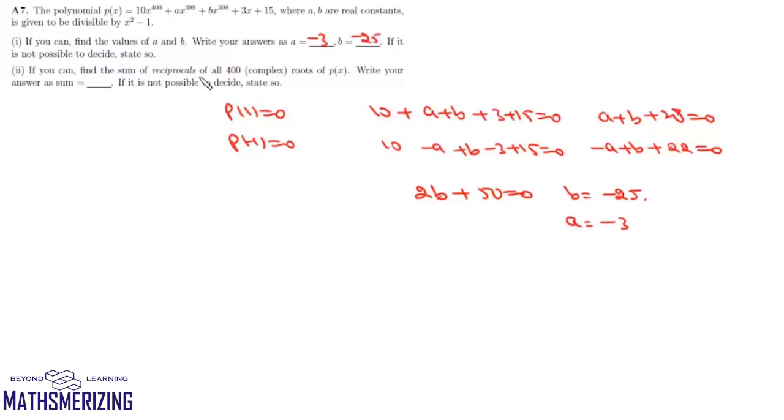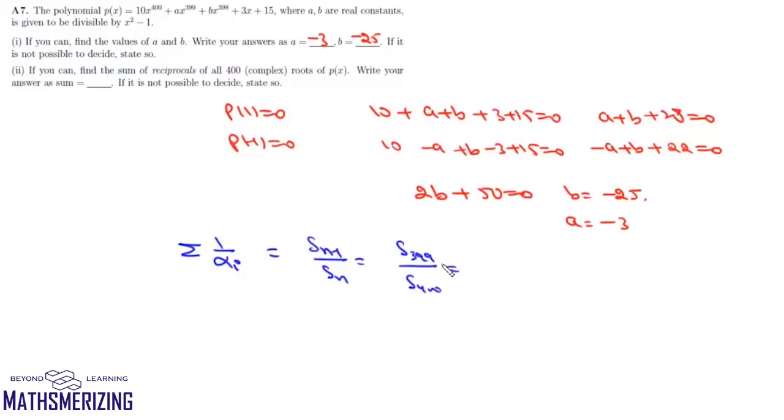Now the second part is to find the sum of reciprocals of all 400 complex roots of p(x). So in this case, we need to find this summation, which is the sum of 1 upon alpha i. Now we know that the sum of 1 upon alpha i is nothing but S(n minus 1) upon S(n), up to sign. Now what is S(n minus 1)? S(n minus 1) in this case is S399 and S(n) is S400.